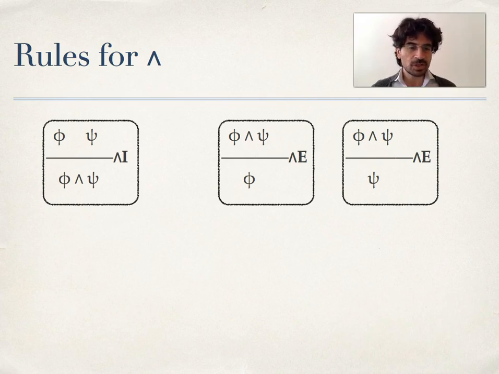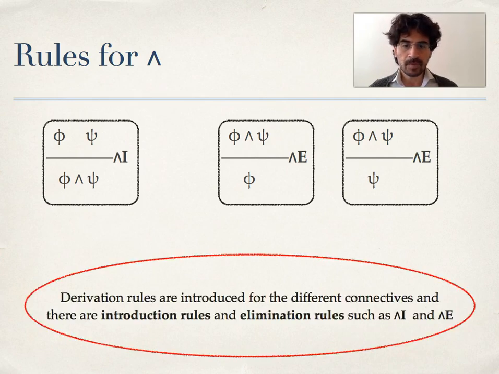These are the two versions of the conjunction elimination. So derivation rules are introduced for the different connectives, and there are introduction rules and elimination rules, such as conjunction introduction and conjunction elimination. This structure applies to the connective conjunction, but also all the other connectives, as we will see.